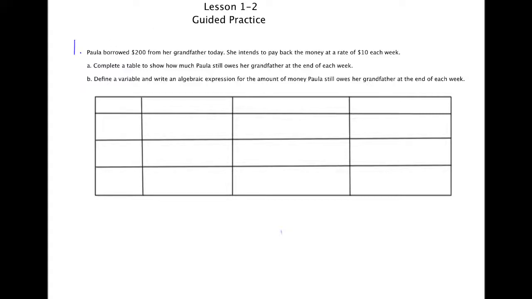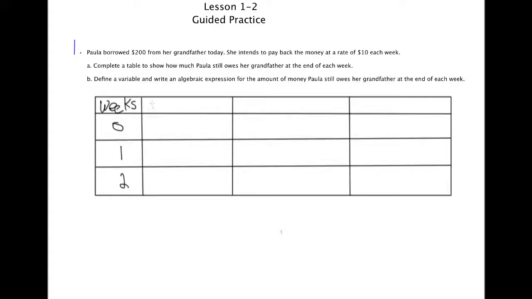So here in the first column it's going to be the number of weeks, because in week 0, right at the beginning of time, she borrowed a certain amount, and then week 1, and then week 2.